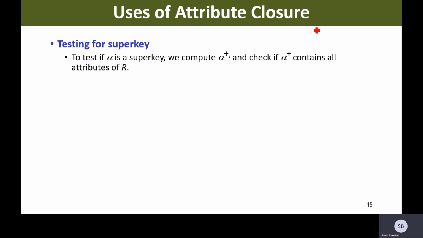Earlier we have seen one special functional dependency of the form K determines R, where R is our relational schema. So R represents all the attributes of our relation.